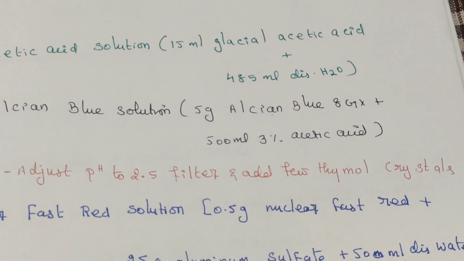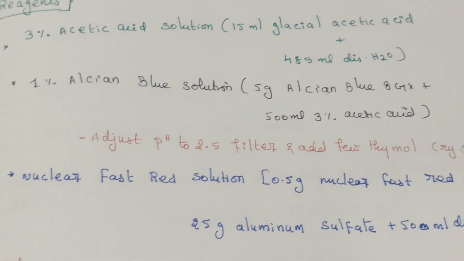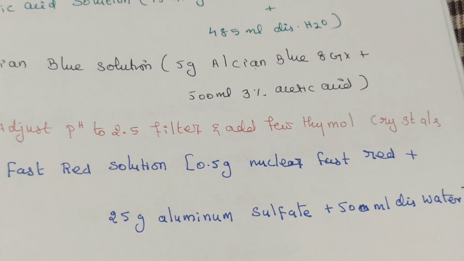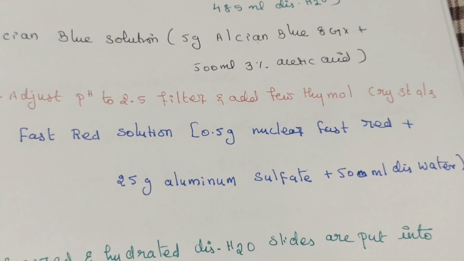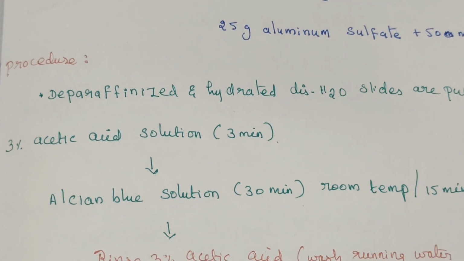Then add a few thymol crystals. Then nuclear fast red solution: 0.5 gram of nuclear fast red and 25 gram of aluminium sulfate in 500 ml of distilled water. What is the procedure here?